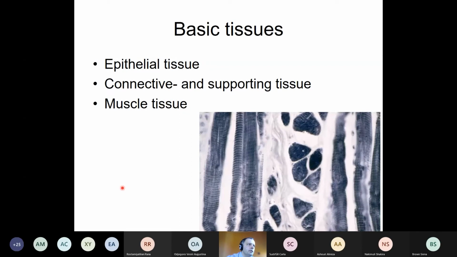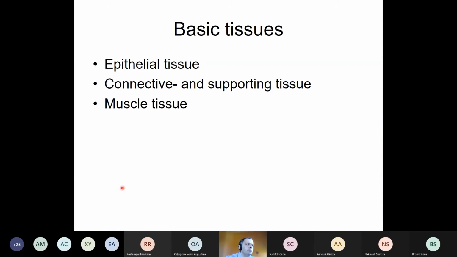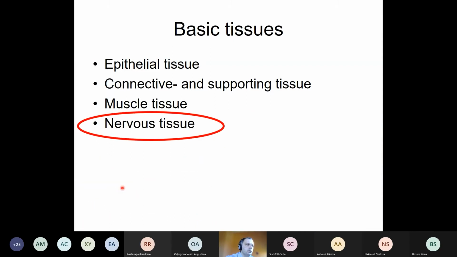Muscle tissue is a topic that is discussed both in the lectures and in the classes, but this is the third type of basic tissues, and the final one is the nervous tissue. This is what I would like to start to introduce today.